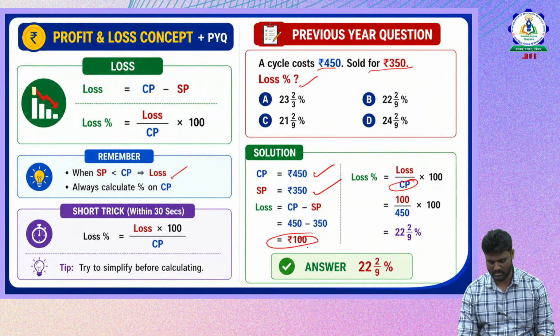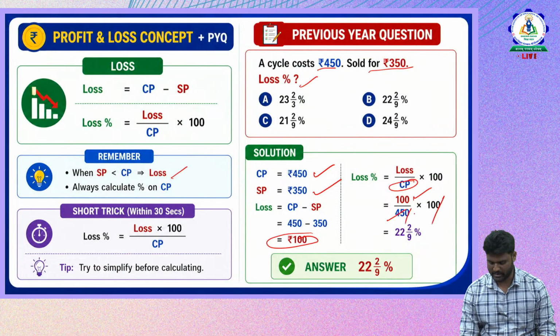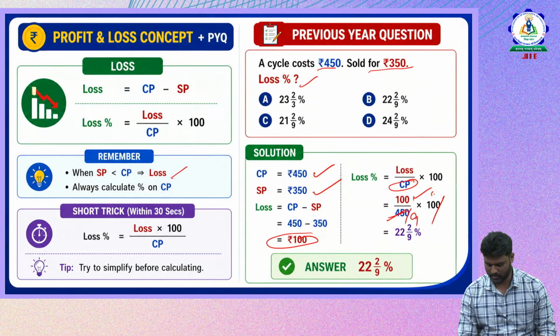What is the loss amount here? 100. What is the cost price here? 450 rupees. When you multiply and simplify, this will get cancelled. 5 nines are 45, 5 twos are 10.